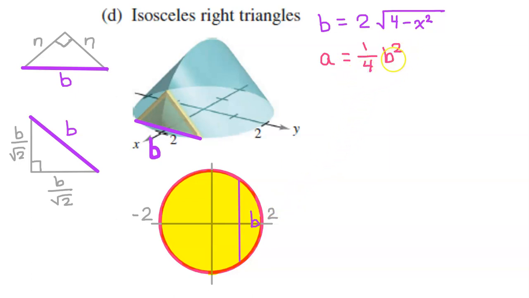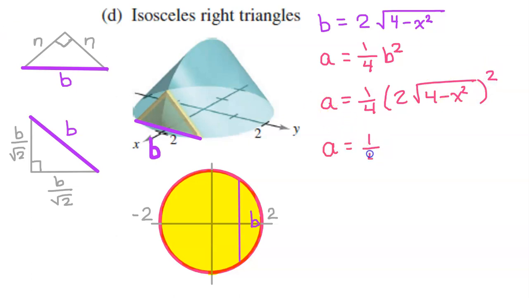Anyway, we have an expression for b though, so let's substitute 2 times the square root of 4 minus x squared in for b. And we get a is equal to 1/4 times 2 times the square root of 4 minus x squared, squared.